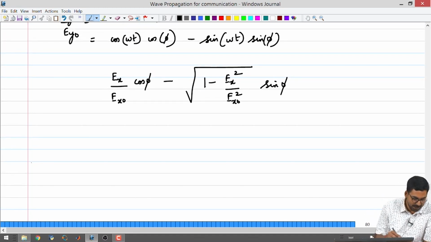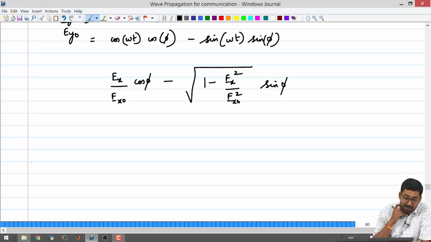We can take two sides of an equation. If we are able to find out cos square phi and sin square phi, then cos square phi plus sin square phi is equal to 1. Can I use this trigonometric identity to establish some relationship between Ex, Ey, Ex naught, Ey naught? This is a question we can think about.